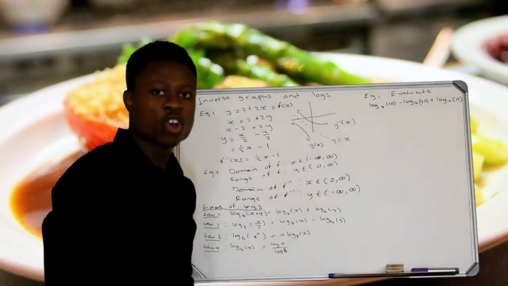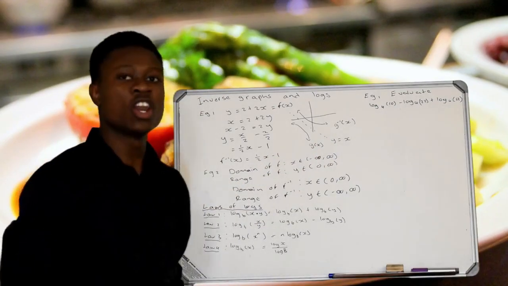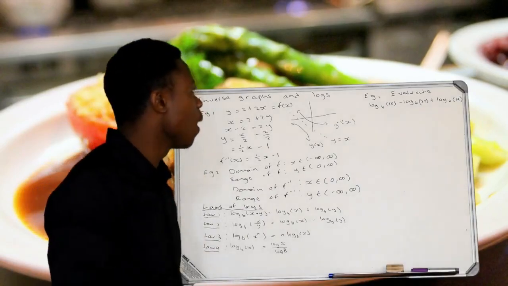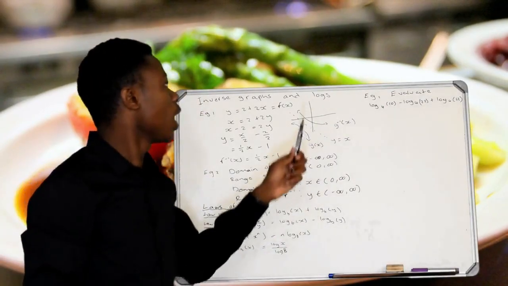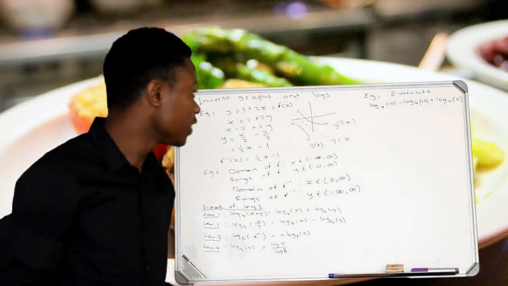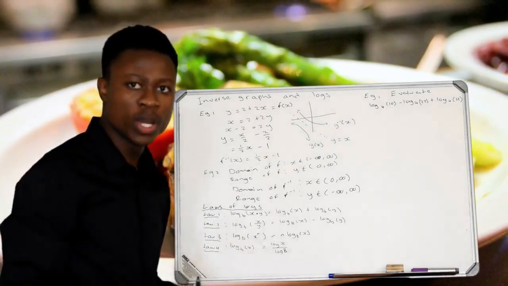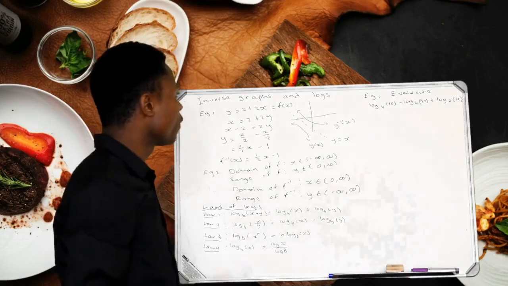So example 1 says, evaluate log base 4 of 10 minus log base 4 of 22 plus log base 4 of 33, right? So how do I evaluate this? How do I find the answer?